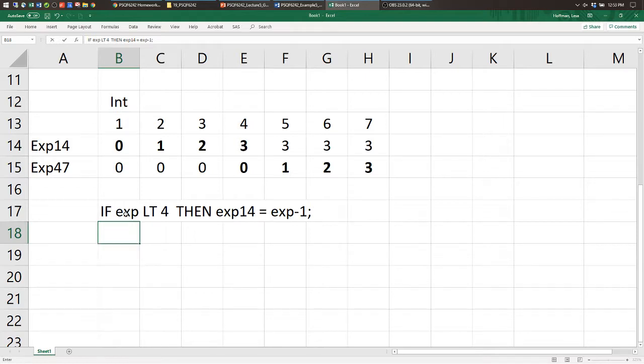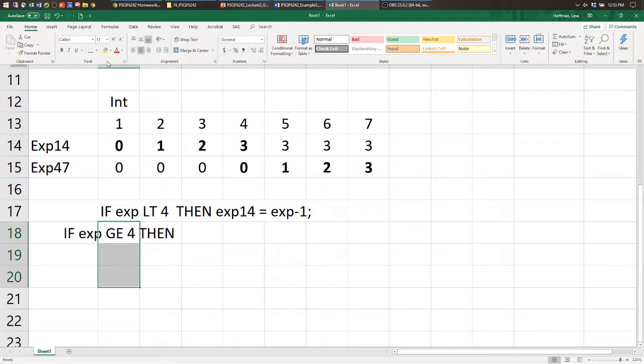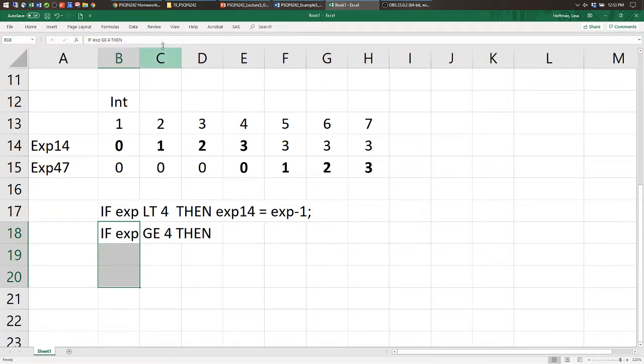If experience is greater than or equal to 4, then experience 1 to 4 equals 3. Excuse me, we're still on the same one, I started going ahead of myself. There.